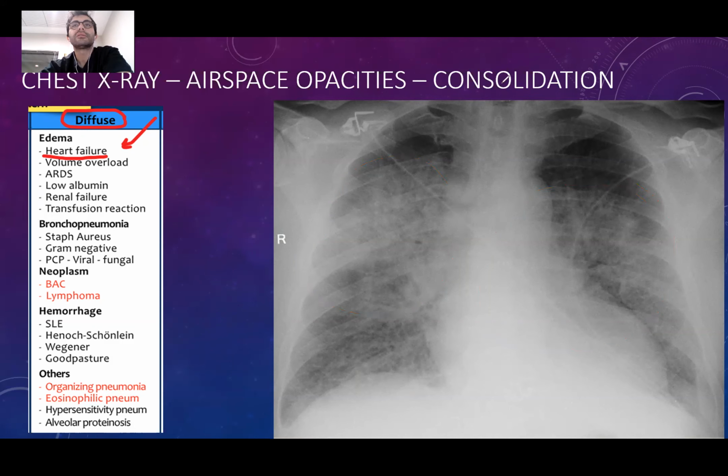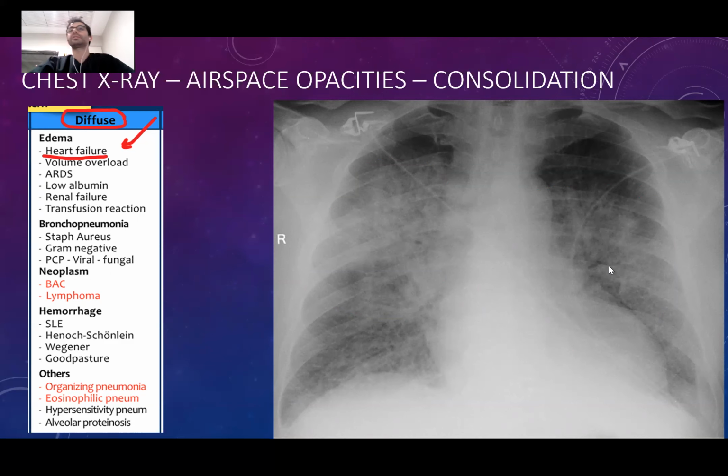The things which are typical for heart failure is that I will see a big heart, right? In a case of heart failure, first of all, I'm seeing the enlargement of the heart, and then I'm seeing big consolidating areas which are symmetrical on both sides. It can be a both-sided pneumonia as well, but well, not very common. And the peripheral sides are usually normal in a case of heart failure.